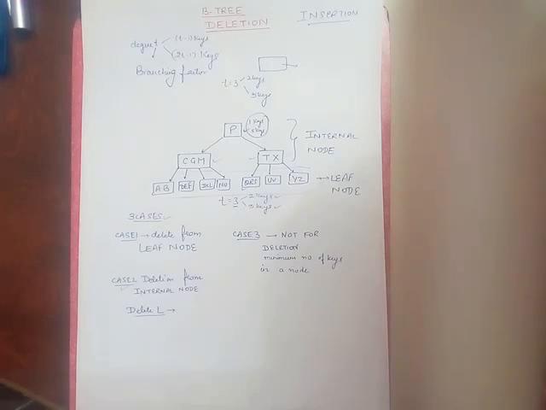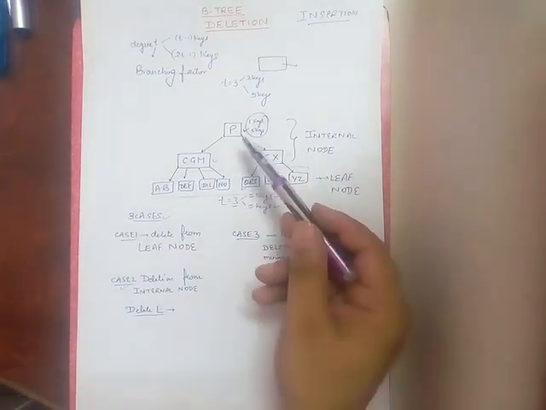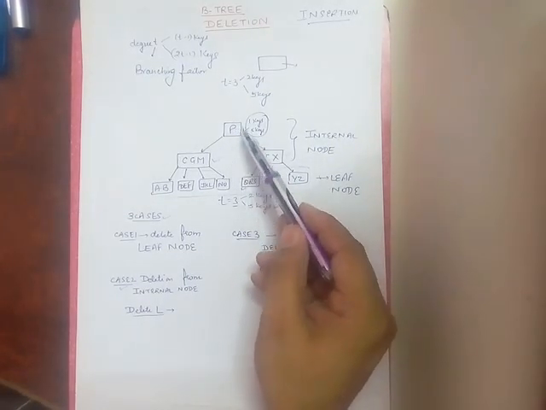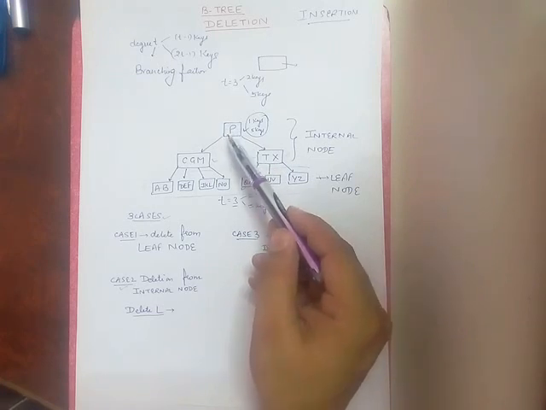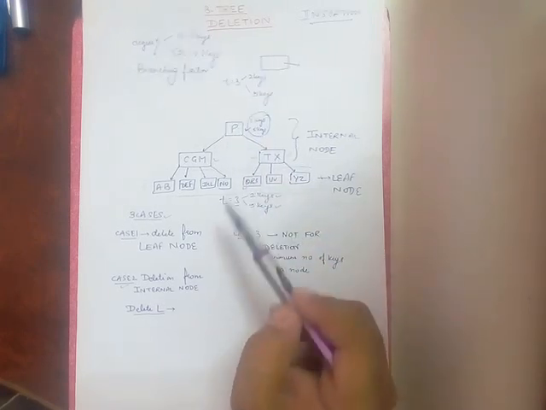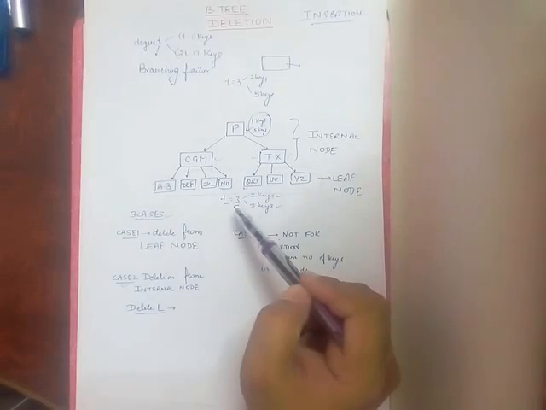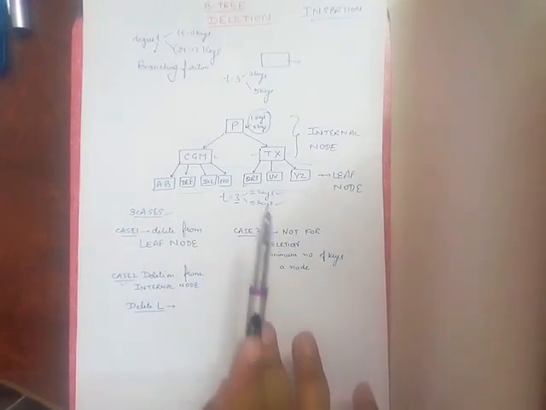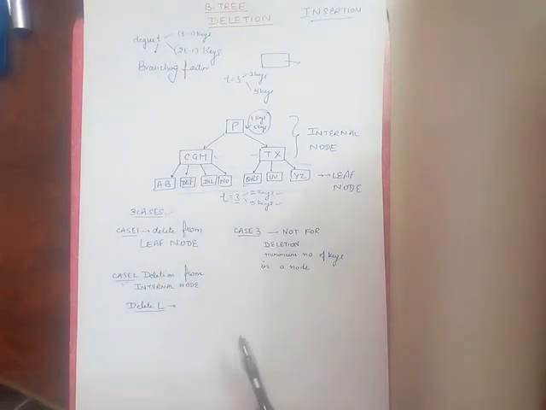When we are deleting any key, we start from the root node. The root node could have a minimum of 1 key and a maximum of 5 keys if we are considering degree 3. Okay, in this figure the degree we are considering is 3, that is, a node other than the root node could have a minimum of 2 keys and a maximum of 5 keys.